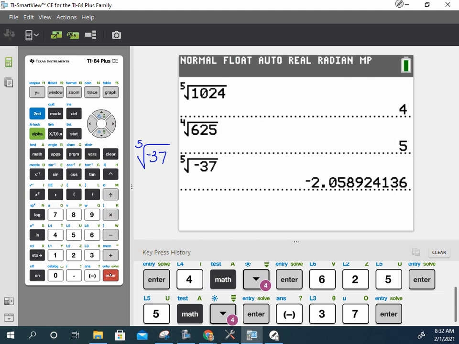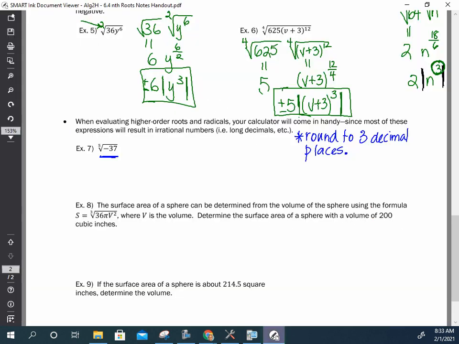We're rounding to 3 decimal places. It's negative 2.058, and you have a 9 sitting behind it, so that changes the 8 to a 9. So negative 2.059. Note: using calculator.